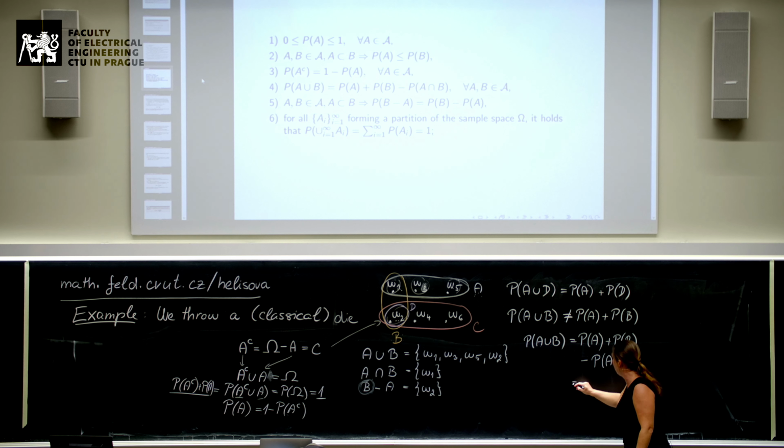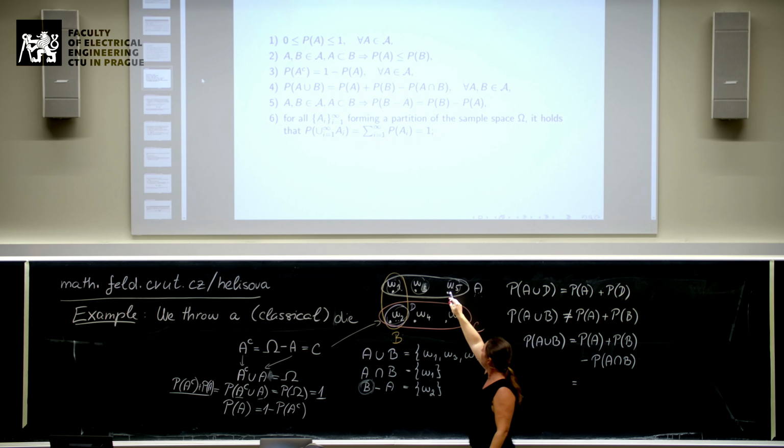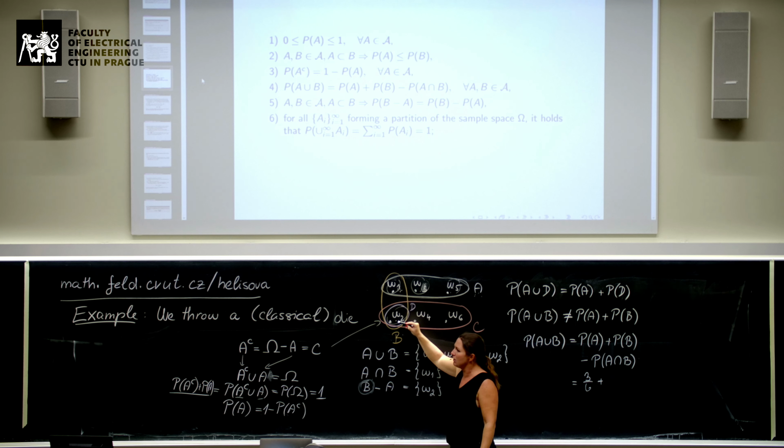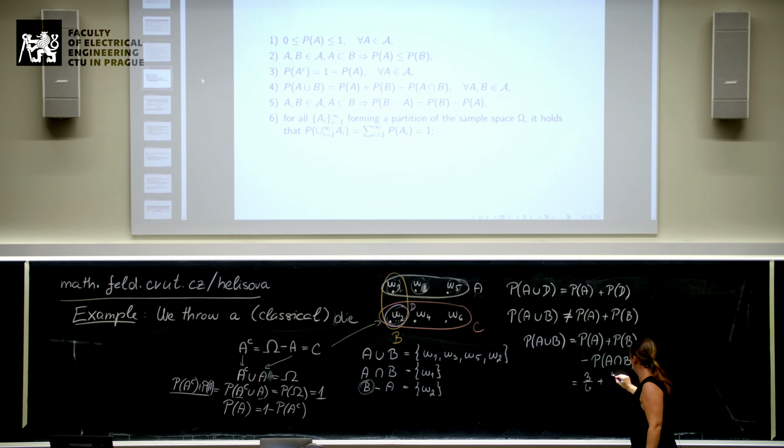So in our case, it is the probability of these 3 from the total number of 6 events, 3 over 6, plus the probability of B given by the probabilities of these 2 events from the total number of 6, which means 2 over 6, but since the probability of the event omega 1 was calculated twice, we must subtract the probability of these events, and we get what we expect, the probability of these 4 events from the total number of 6 events, so 4 over 6.